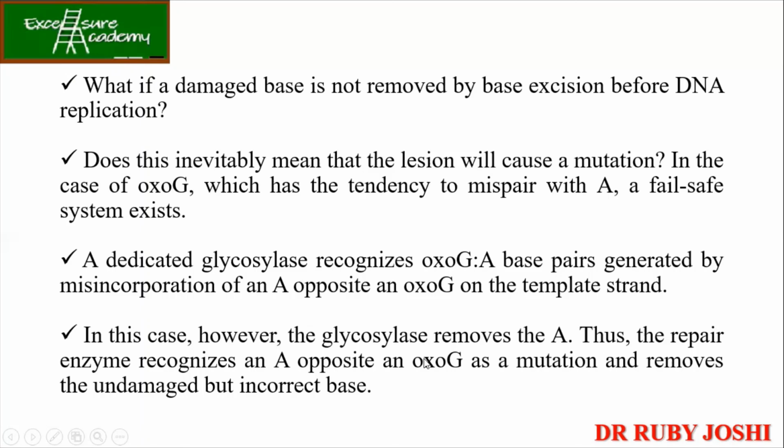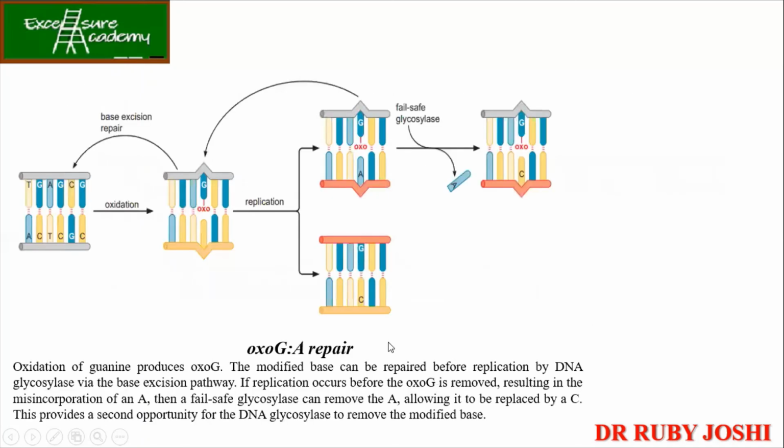Yes, are you able to understand what is happening? Just see the figure. If OXO-G is being repaired, how will it happen? So oxidation had happened, okay, it was unexpected. OXO-G has formed here. Now what will happen in the next round? First of all, OXO-G will go for base excision repair.